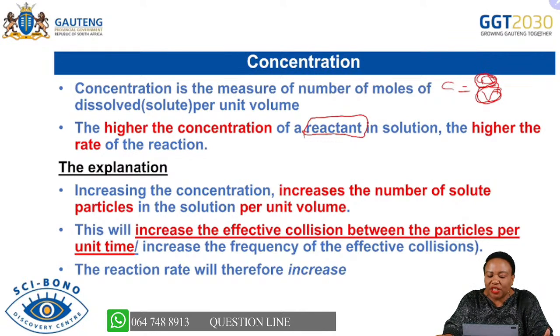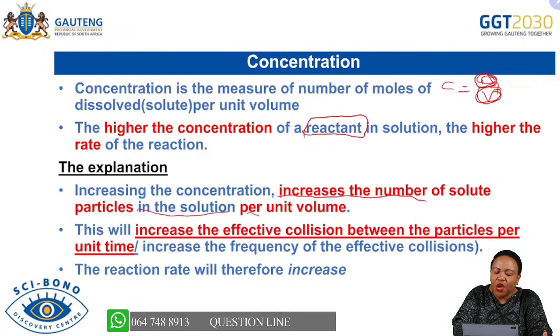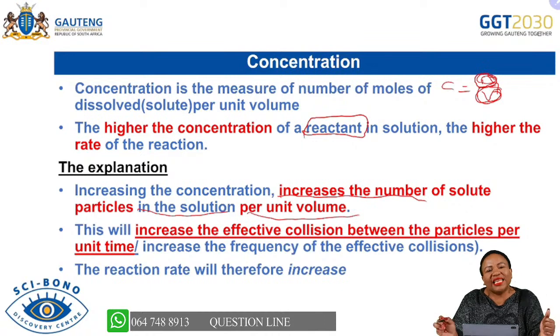The increase in concentration increases the number of solute particles in a solution per unit volume. So the increase in concentration increases what? It increases the number of solute particles. And it will do what? It will increase the number of solute particles in a solution per unit volume. That is exactly what is happening when you increase the concentration.